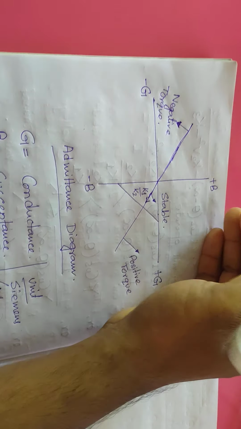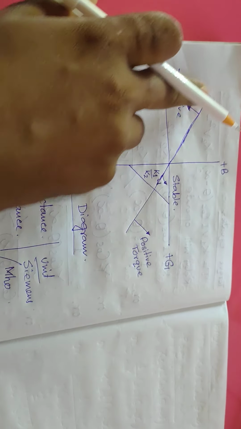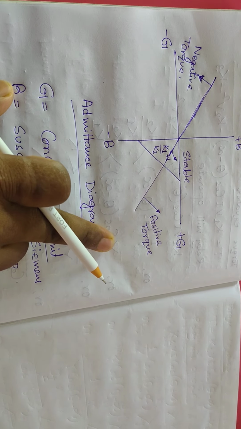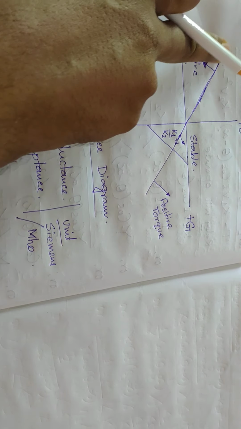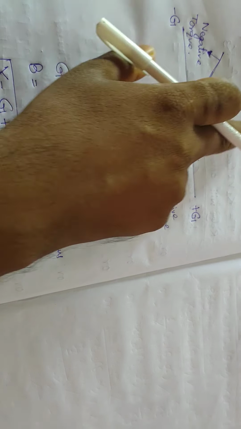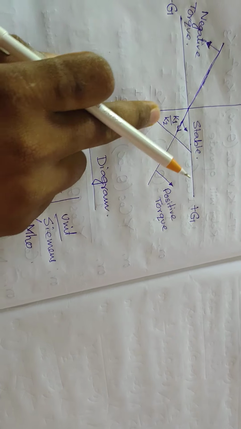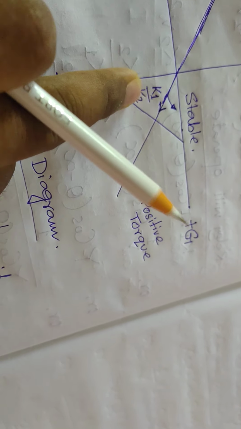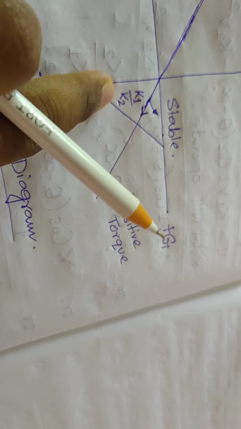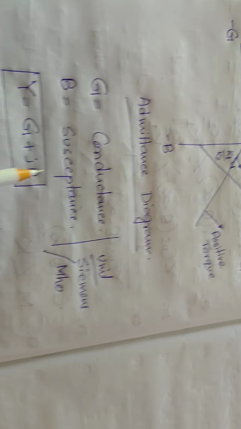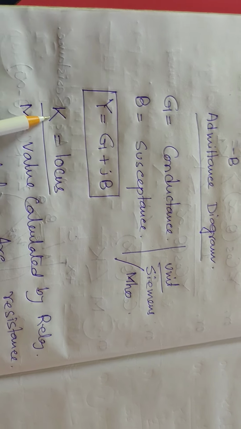We provide a straight line that touches the origin of the GB diagram, and we get the operating zone, and with the help of the operating zone the relay will be operated. So K is the locus.